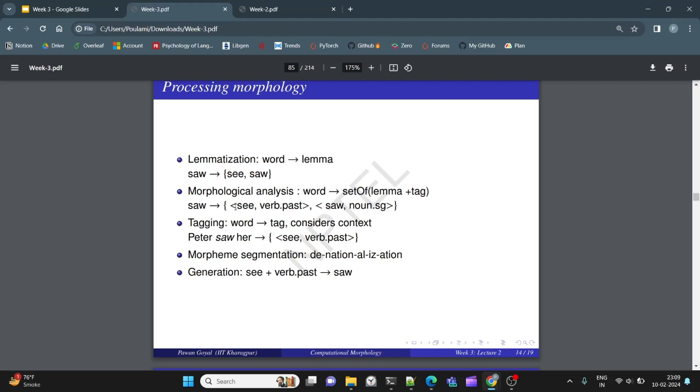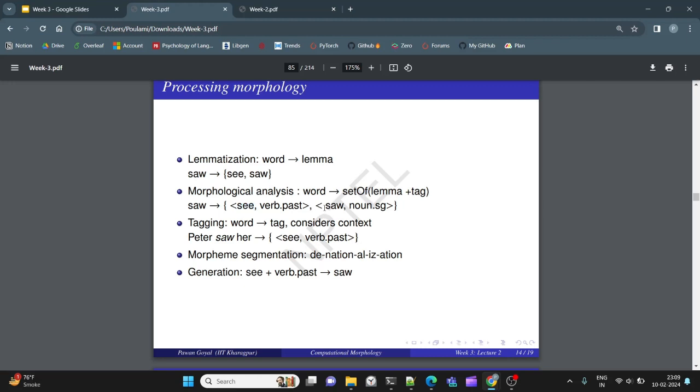So this is what we obtain on morphological analysis. Whereas saw could also be a noun. It is an instrument, I think it's used to cut trees. There it's a noun form, and it is a singular noun form. So here we see that saw can be interpreted in two ways, and based on that we can have two possible morphological analyses.